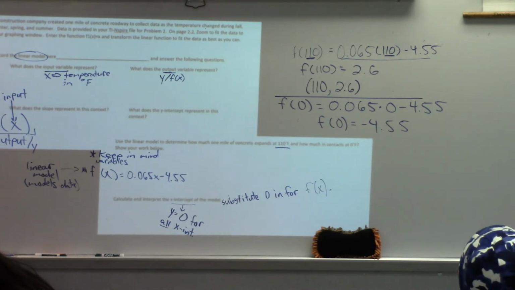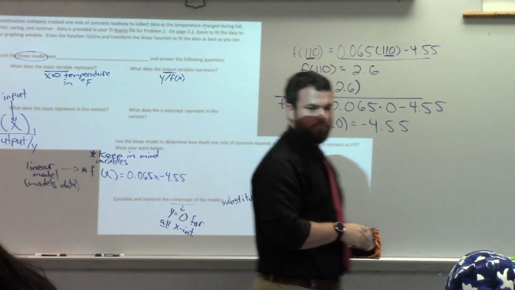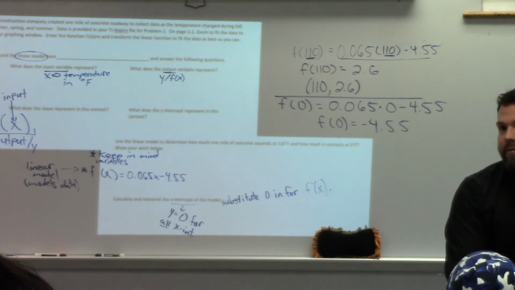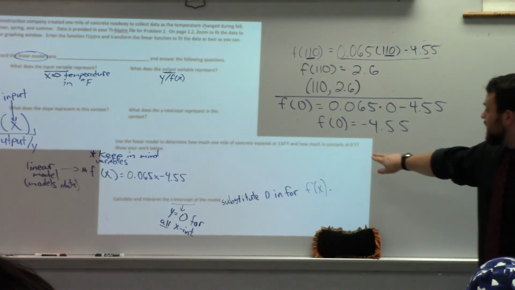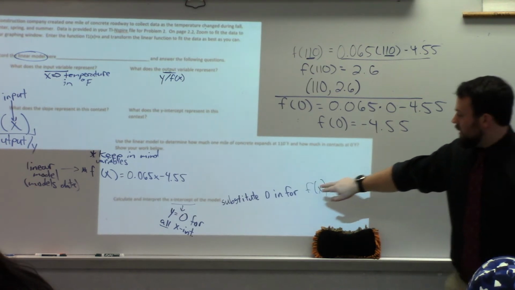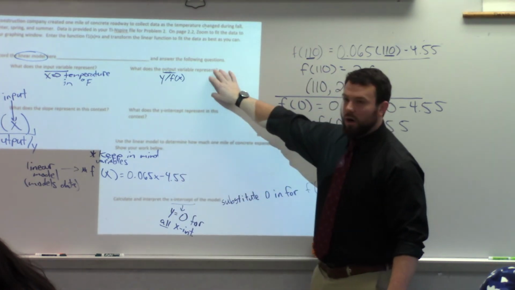Kenneth, I thought it was 0 equals 0.65. Hold on. You're mixing up your variables, which is why we have to define our variables. This 0 is what? Degrees Fahrenheit. This 0 that's getting substituted in for y, what was our y again?